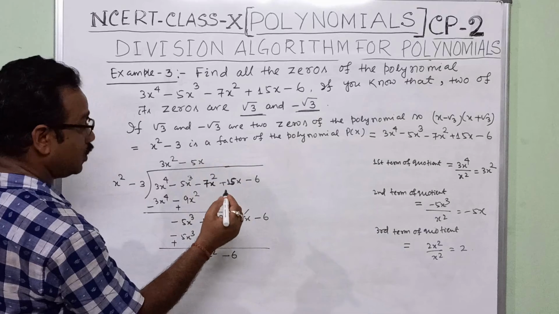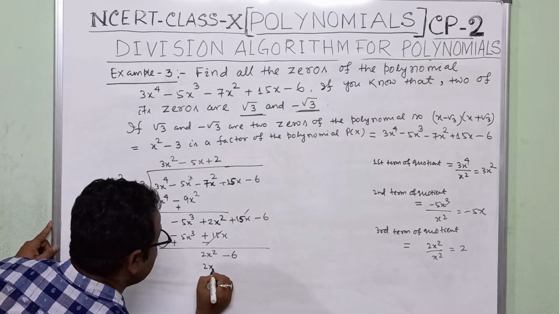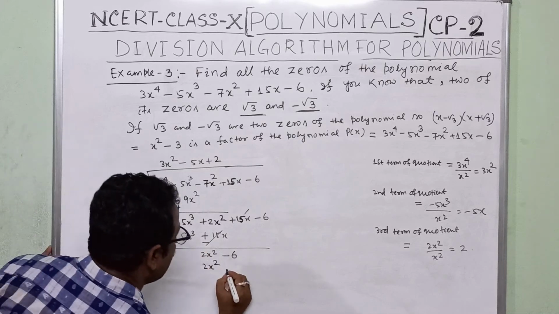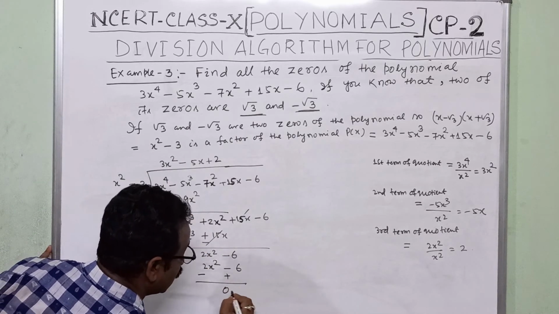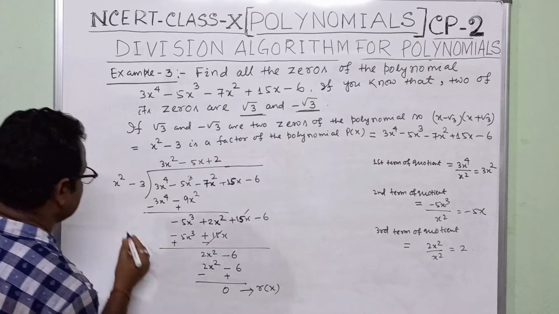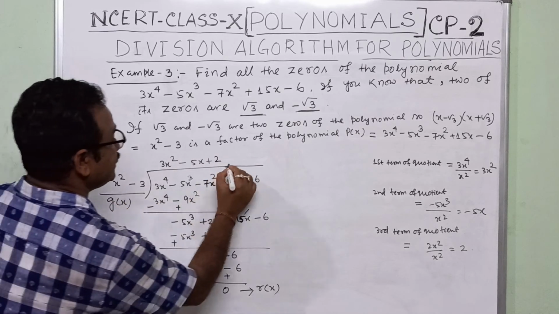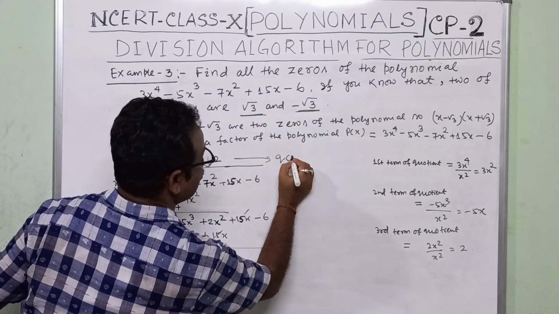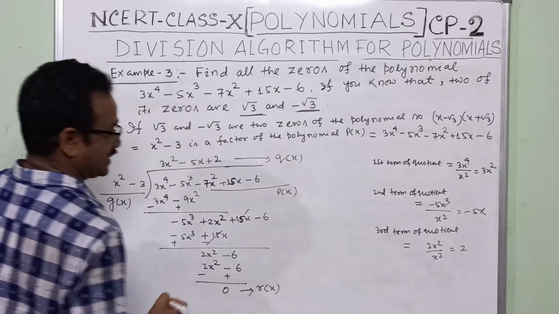Now plus 2, here comes 2x square minus 6. So plus minus, 0. This is your R(x), the remainder. This is your G(x), this is your Q(x) and this is your P(x).